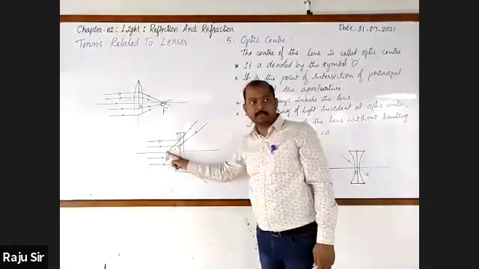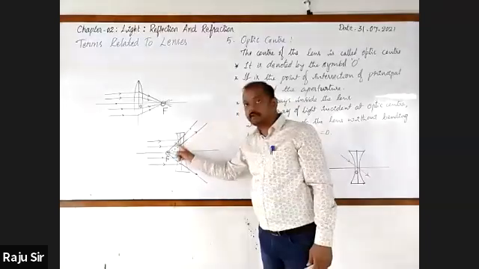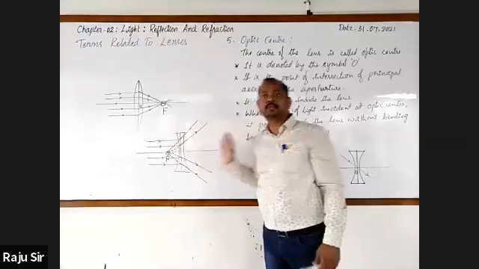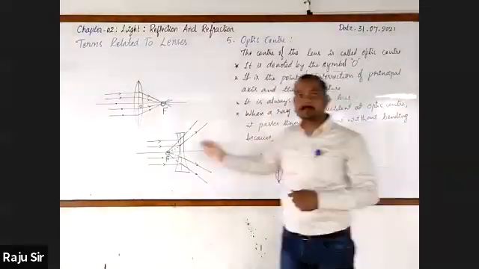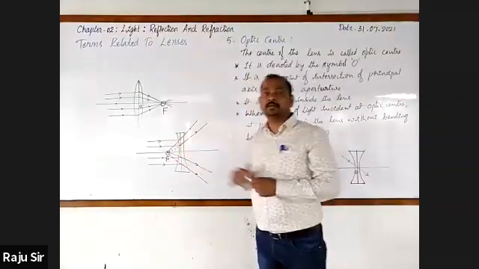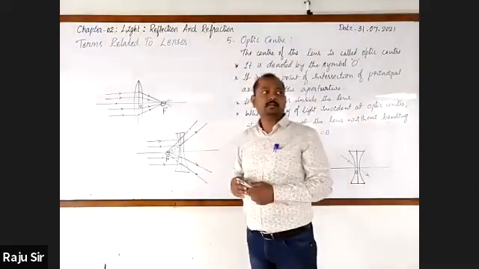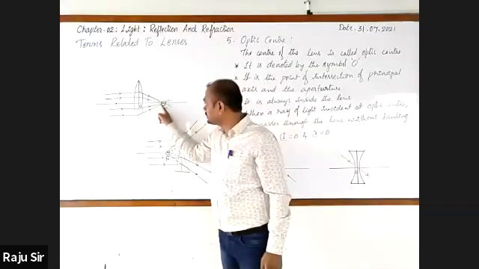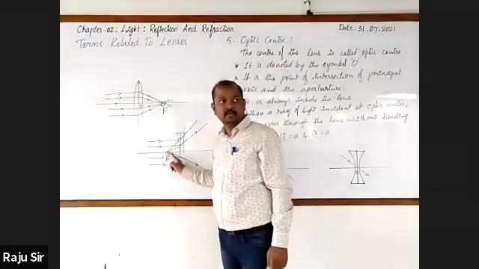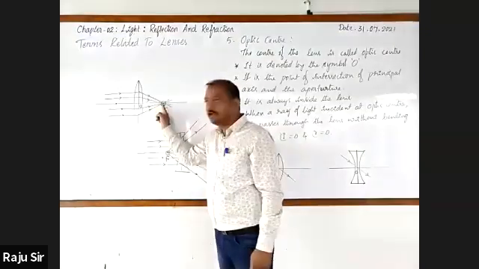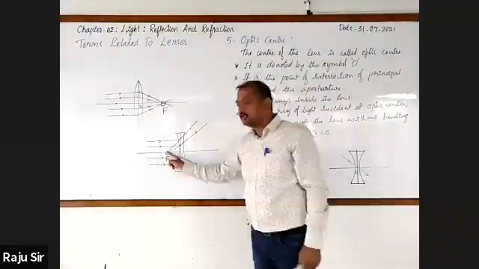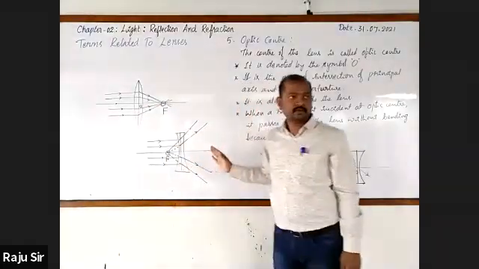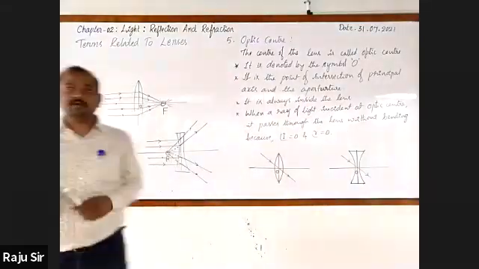The point on the principal axis where the rays of light appear to meet after the refraction through the lens is called principal focus of concave lens. But generally, we define principal focus of lens as the point on the principal axis where the rays of light actually meet or appear to meet after the refraction through the lens. Clear?